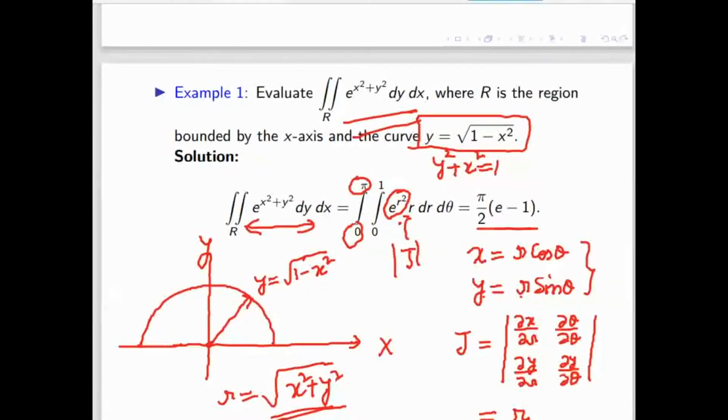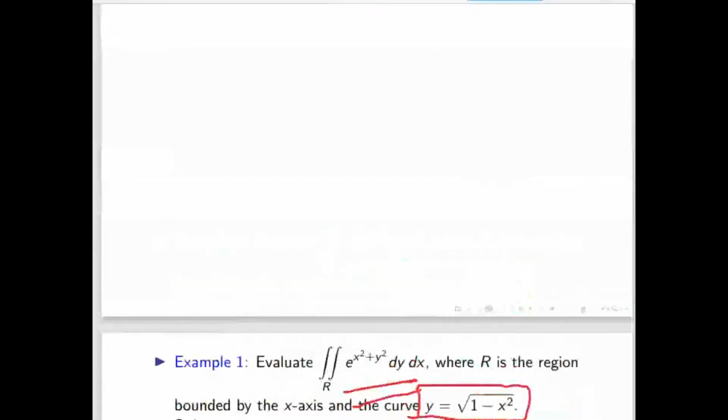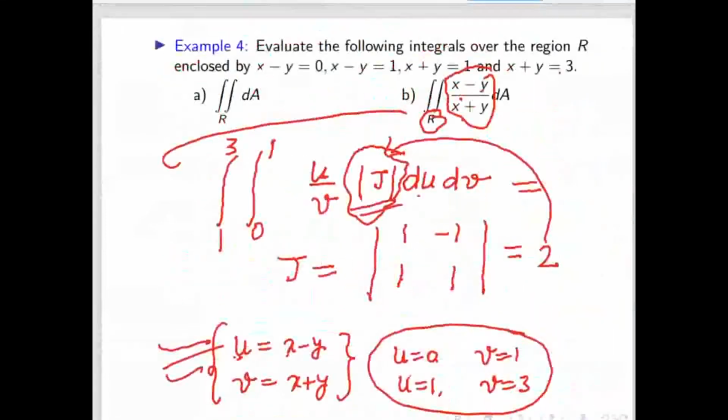Excuse me, sir. Yes. In the last question, that is x plus y equal to b and x minus y equal to u, we have taken that in the previous question of this question. Previous. Okay. This one. Yes, sir.